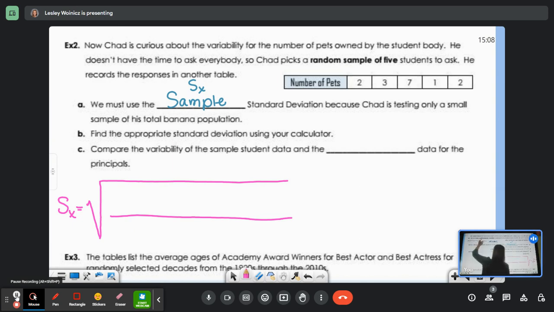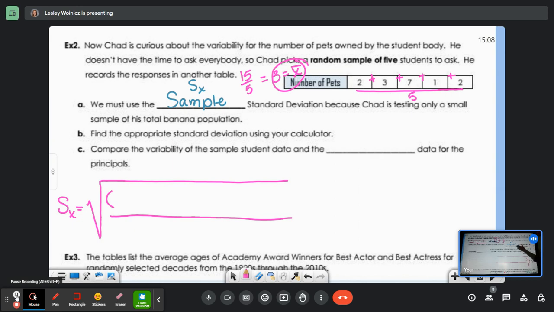So we're doing 2 plus 3 plus 7 plus 1 plus 2 and dividing it by 5. So that is 15 divided by 5 again, so we get 3 for the mean again. Okay, so how far is 2 from the mean?